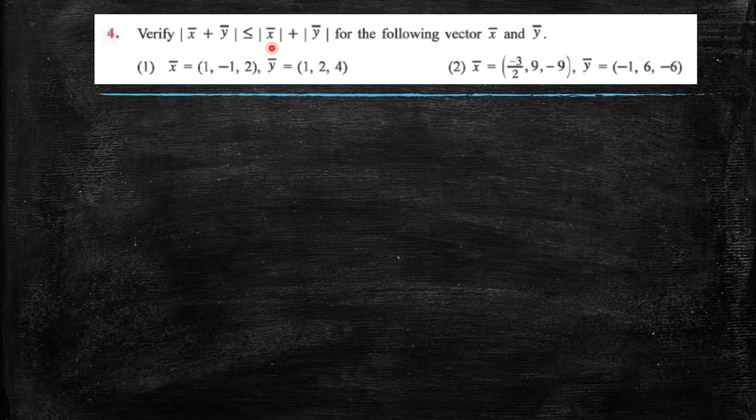So you have to first find the magnitude of x, then the magnitude of y, then the magnitude of the vector x plus vector y. So first you have to find the vector addition of x and y, then find the magnitude of x, then the magnitude of y, and then the magnitude of the resultant value of the vector addition. Can you do it? Yes, sir. Then do it right now.